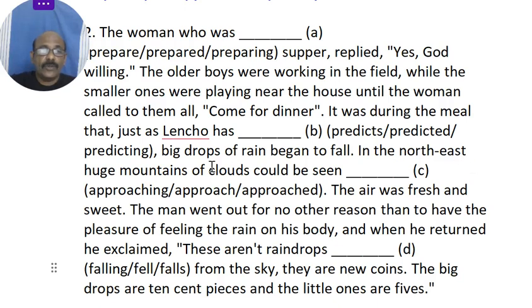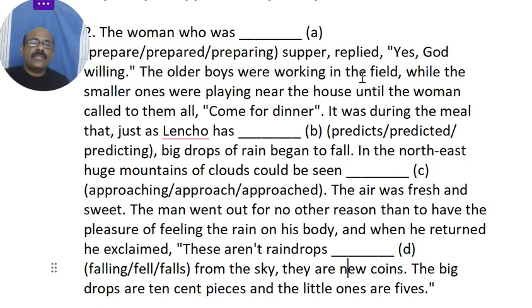In the northeast, huge mountains of clouds could be seen dash. The air was fresh and sweet. The man went out for no other reason than to have the pleasure of feeling the rain on his body. And when he returned, he exclaimed, "These aren't raindrops dash from the sky. They are new coins. The big drops are ten-cent pieces and the little ones are fives."